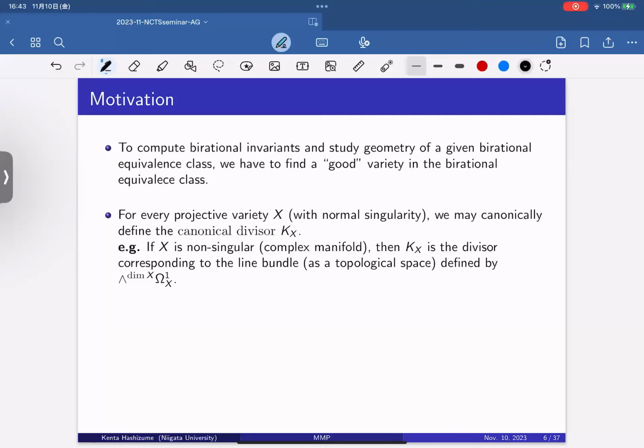For a projective variety X, we may canonically define the canonical divisor. And the canonical divisor is often denoted by K_X. And this often corresponds to a canonical line bundle. For example, suppose that X is non-singular. In this case, X is a complex manifold.